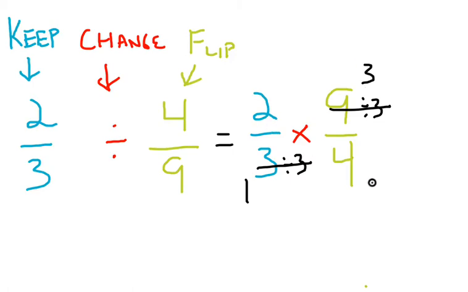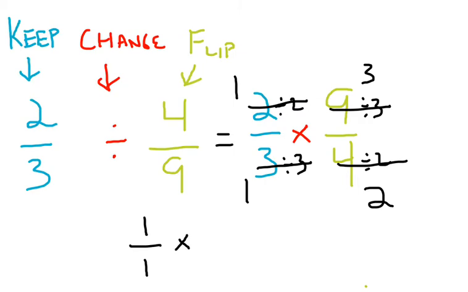Also I can look at 2 and 4 and see if they share a common factor. They share a common factor of 2, so I can divide both of these by 2. That becomes 1, and 4 divided by 2 is 2. So now I actually have 1/1 times 3/2, and that's just going to be 3/2.